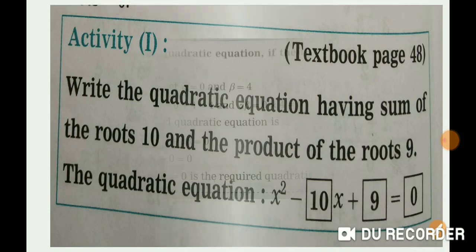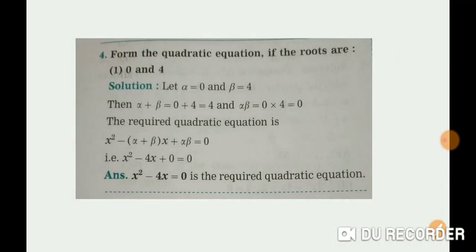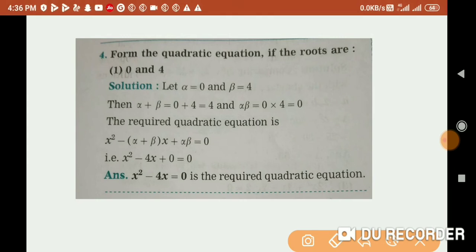Understand? Now see the next example. Here we have to form the quadratic equation if the roots, that means the values of α and β, are given. Now see the first example. Here the value of α is 0 and the value of β is 4.